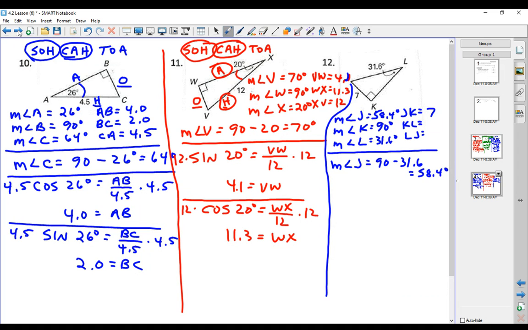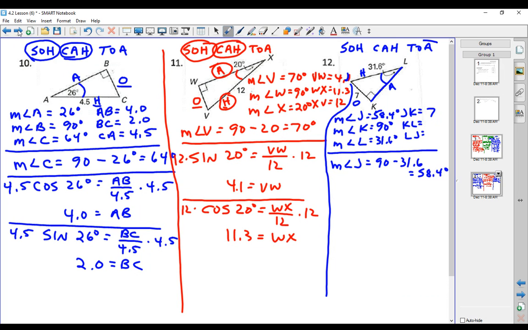All right, in order to find KL, I have to use the angle that they gave me here at L. And in regards to that angle, JK is the opposite side, and KL is the adjacent side, and LJ is the hypotenuse. Okay, so let's go ahead and write our SOHCAHTOA up here. If I want to find side KL, KL is this side right here, and it is the adjacent side. The side that I know is the opposite side.